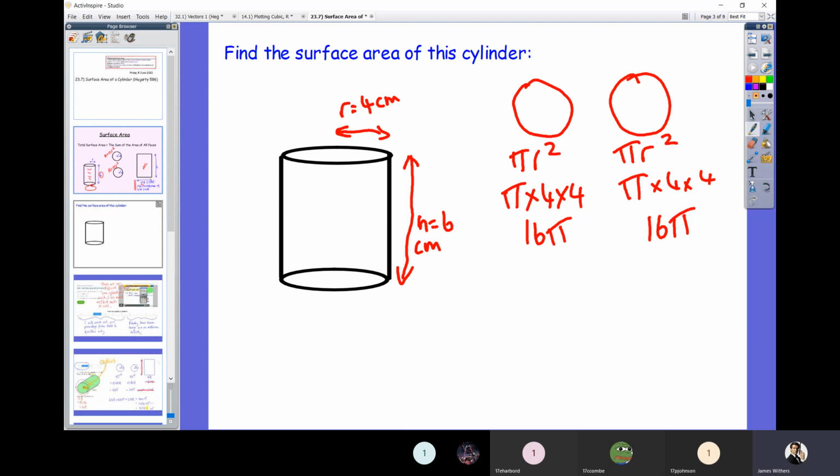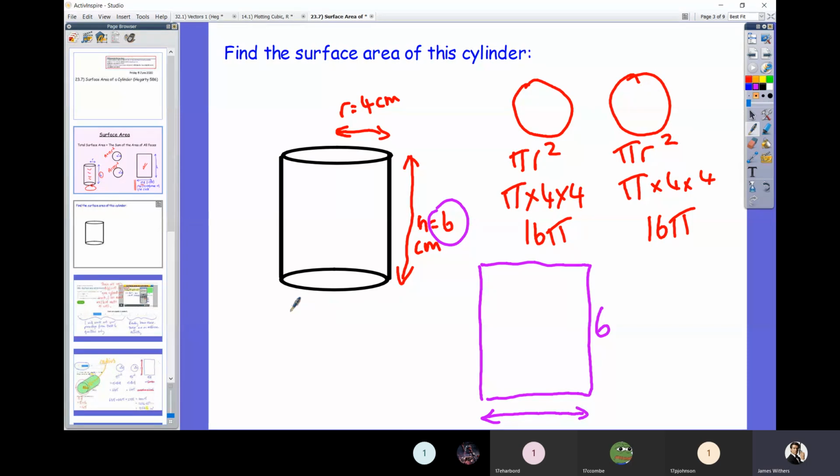Now the tricky bit. Let's go and unwrap that curved surface area. Now we've got a height, which is easy. The height is 6, but this length here, this base, is the circumference of the circle. As you unwrap that kitchen roll, that circumference there is forming this length down here.